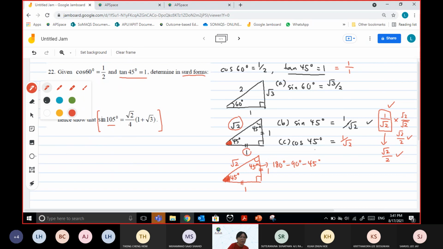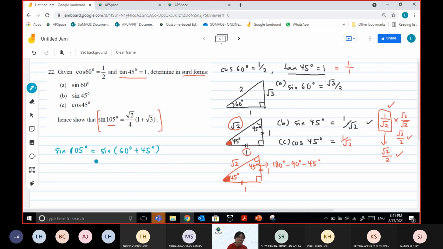For sine 105, 105 is equal to 60 plus 45, so it can be sine of 60 plus 45.